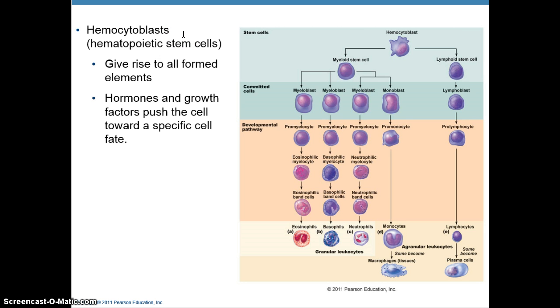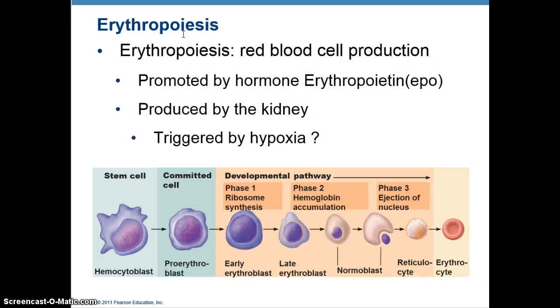So when people in the news talk about adult stem cells versus fetal stem cells, these hemocytoblasts are one of the adult stem cell populations that people want to isolate and see how many different cell fates they can get it to adopt in order to avoid using fetal stem cells. But in the normal way that your body works, these hemocytoblasts are the cells that, when exposed to different hormones and chemicals, are going to divide and then differentiate into different types of blood cells.